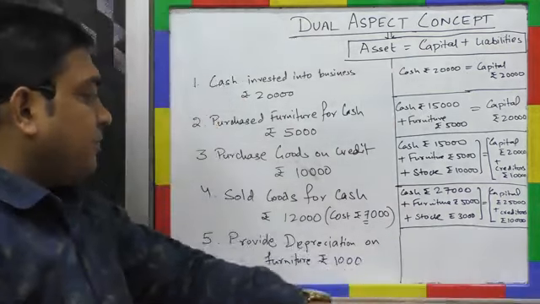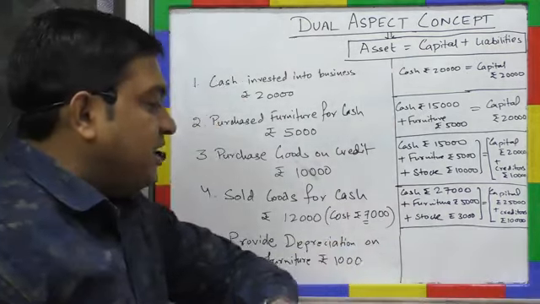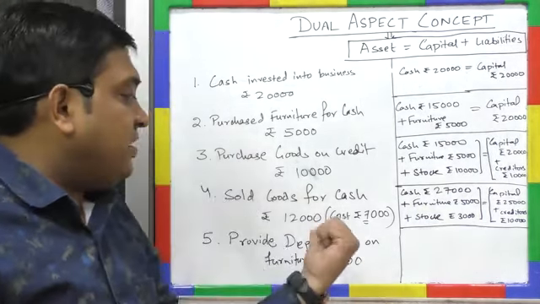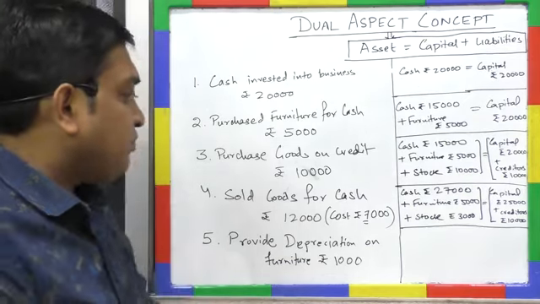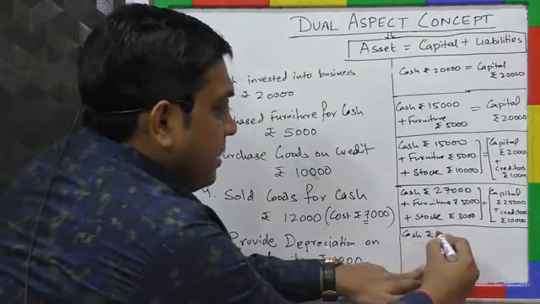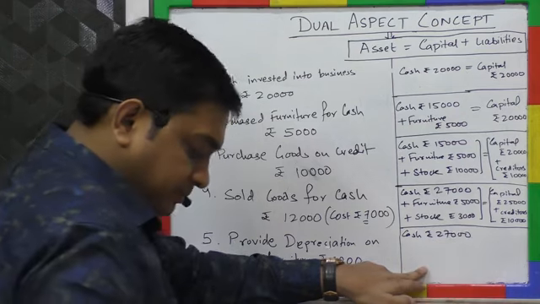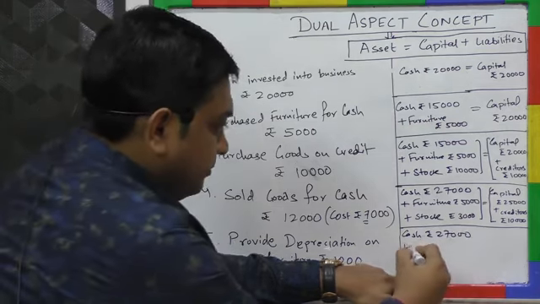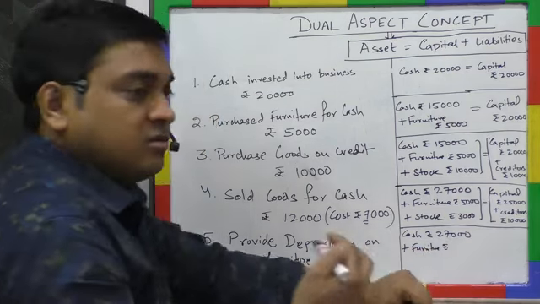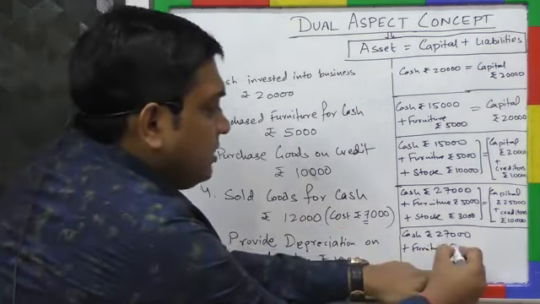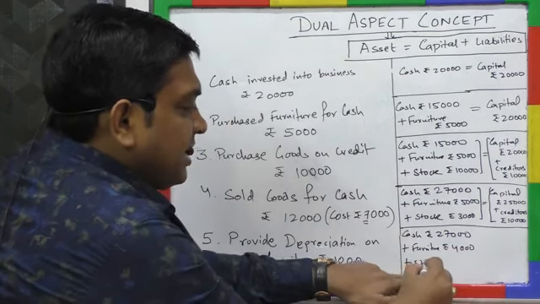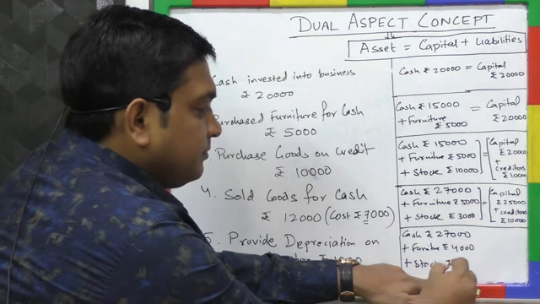Last but not the least, provide depreciation on furniture rupees 1,000. Now depreciation means I have derived the benefit, and this depreciation will be regarded as an expense. So what is happening? My cash balance remains the same. The value of furniture will decrease by 1,000, so the new balance is 4. Plus there is no change in stock.